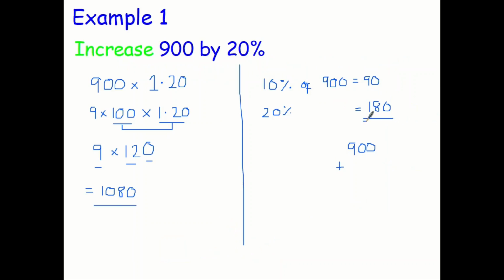So adding on 180, and you can see that you will get the same number as we've got over there on the left hand side, 1080. So that is the answer, 1080, using two different methods.